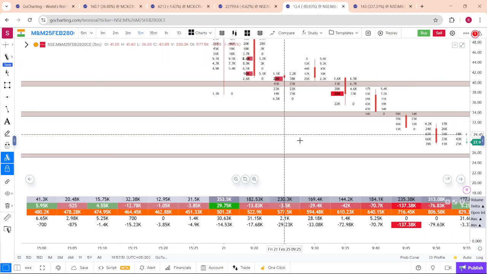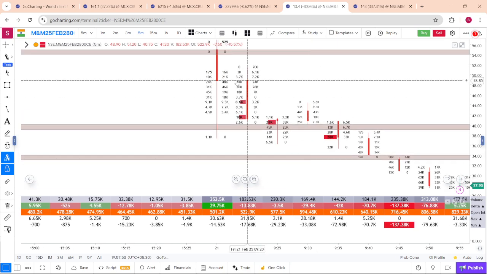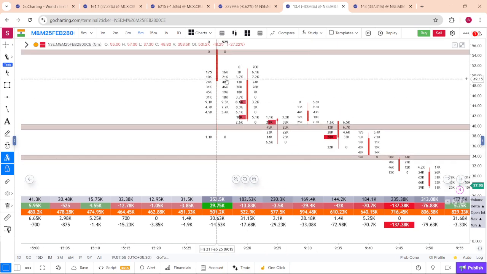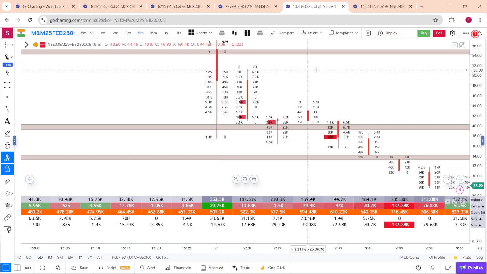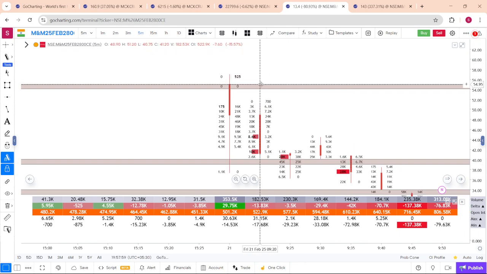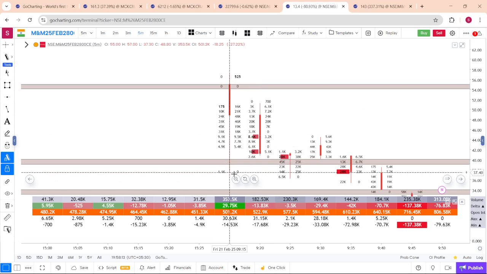So on Friday, M&M opened inside our last imbalance area. The 2800 call option opened exactly here and tested the second imbalance, the second support.